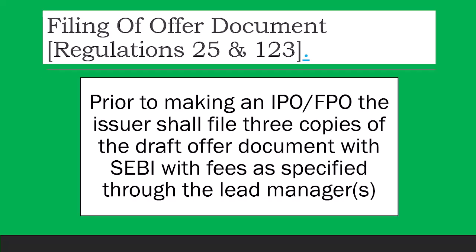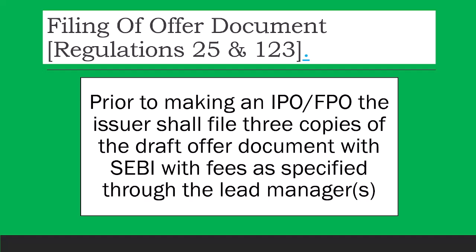so we had done a little bit. I'm just revisiting what we have done at the fag end of the last class. I told you that all the companies who are going for an IPO or an FPO or any other issue permitted by the SEBI have to file an offer document with SEBI, and the rules are given under regulation number 25 and 123.